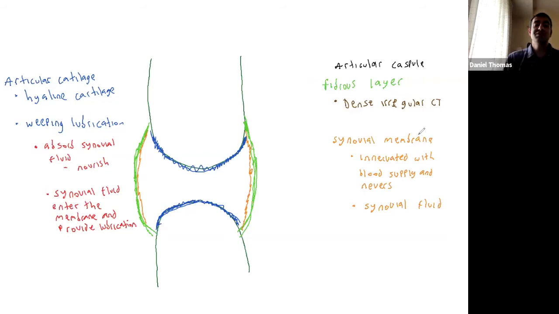It's supposed to be slippery. It's absorbed by the cartilage when there's no weight bearing, and the synovial fluid nourishes the cartilage. And then when there is weight bearing, the synovial fluid is squeezed out and lubricates the two bones. This is called weeping lubrication.